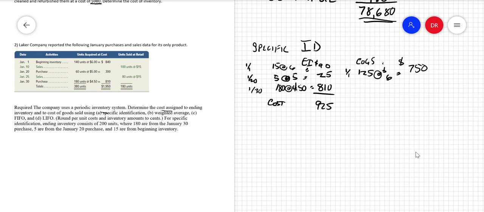Then for January 20, we had 60 units total, but we had 5 units left. That means that in cost of goods sold, we had 55 units at $5. That equals $275. Okay, and then January 30th, we had a total of 180 units.